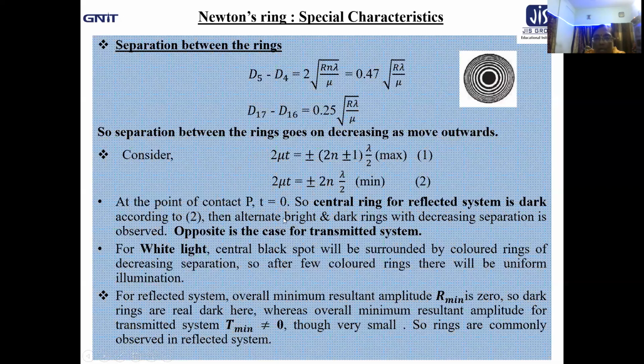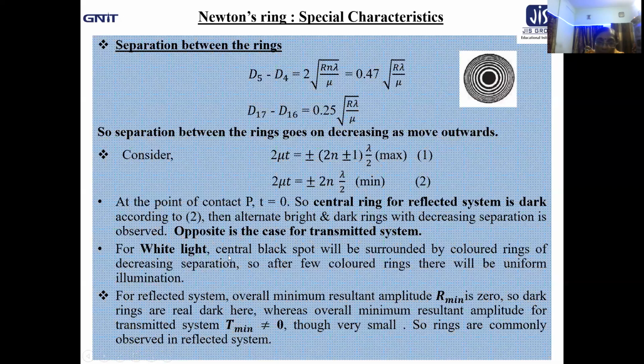After that, alternate bright and dark rings with decreasing separation are observed, and obviously the opposite is the case for the transmitted system. That means for the transmitted system, this will be the condition of maximum and this will be the minimum. So for the transmitted system, at the center, you will get the bright ring. Okay.